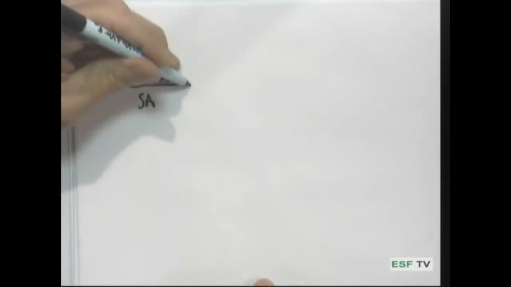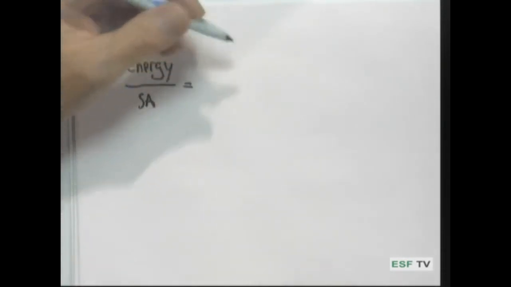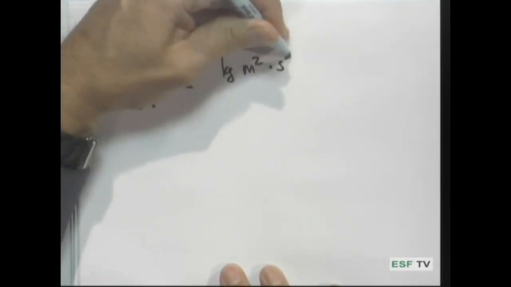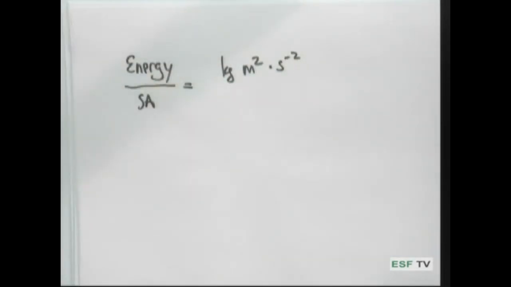Okay? Well, we can very easily come along and calculate what the dimensions of these things are going to be. We've already established that the energy is going to be kilograms times meters squared times seconds to the minus 2 power.